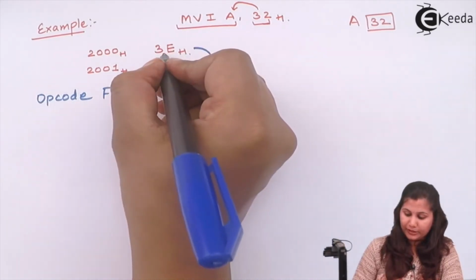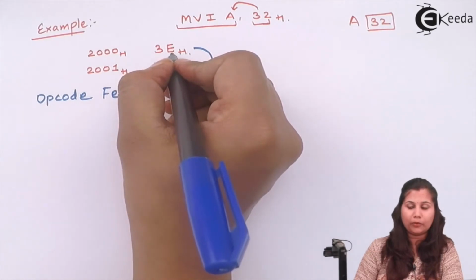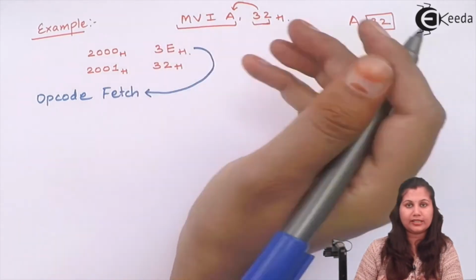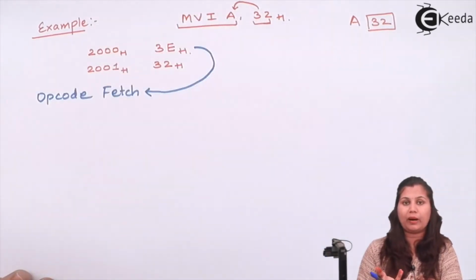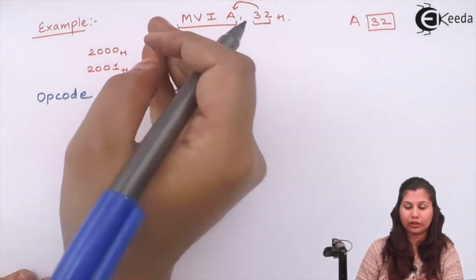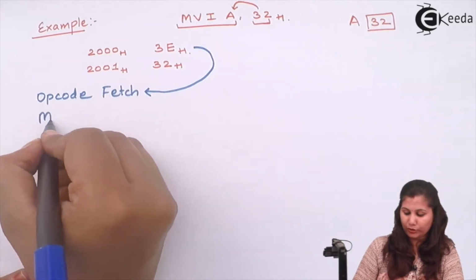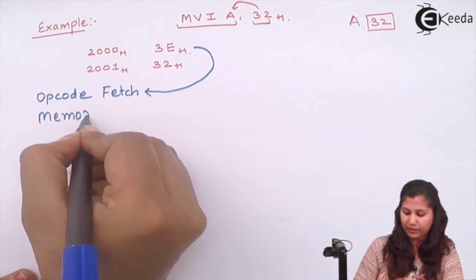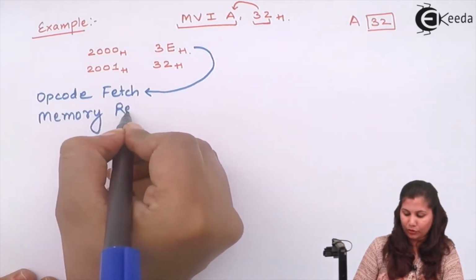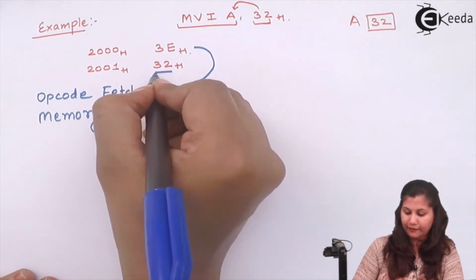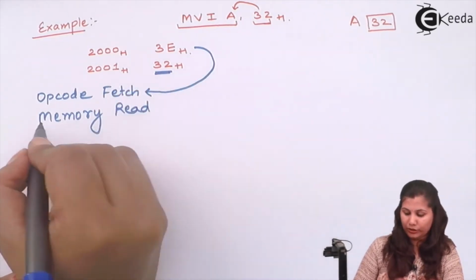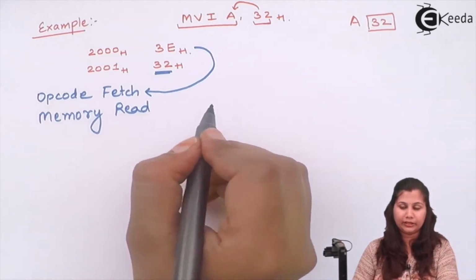Next, when the microprocessor gets this 3E opcode, it will understand that it is a move operation and it will require data which has to be moved. This data is stored at the next memory location, so the second cycle will be memory read, and the data will be read from the memory.